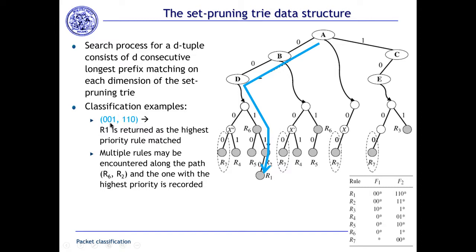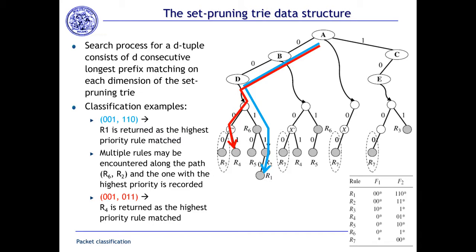This is an incoming packet 001 100 in the two fields, and you can see that the path on the first field is 00 and then stops in D. Then we have to look into the tree attached to D in the second field, 110, and we get directly to the final result. We don't need to backtrack because all the information is already contained in this tree attached here. And this is the second example as before, and again we find the final result immediately without needing backtracking.